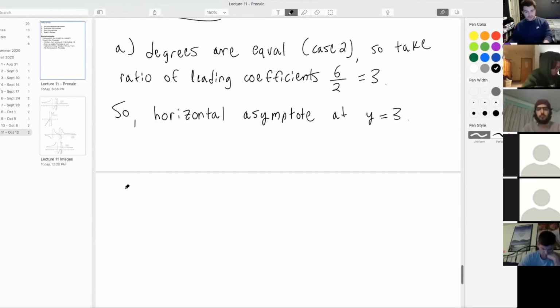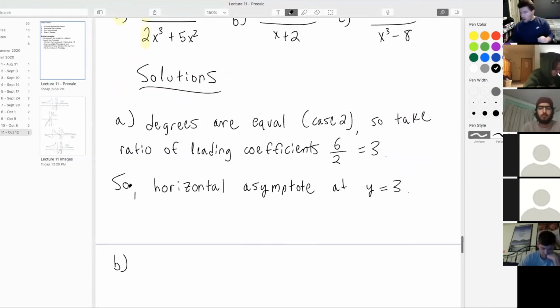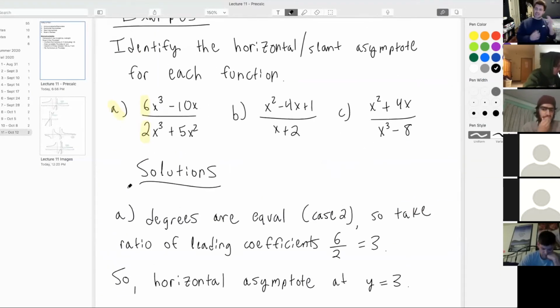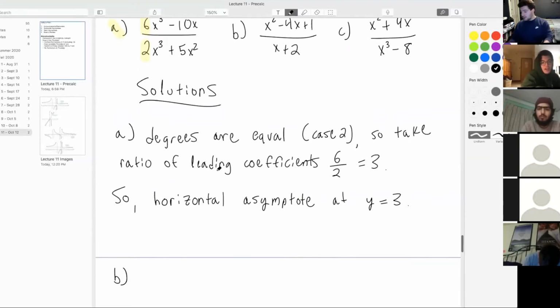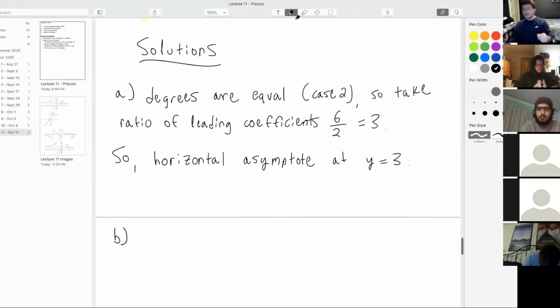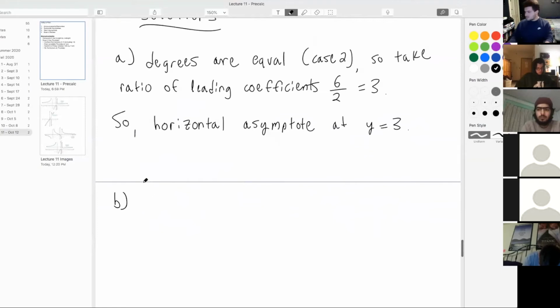All right, let's look at B. Okay, so B, remember, we need to examine the degrees of numerator and denominator. Degree of numerator is 2, degree of denominator is 1. So it looks to me that the degree of the numerator is just 1 more than the degree of the denominator. Okay, so that gives us case 3, the slant asymptote case. So let me just write this.